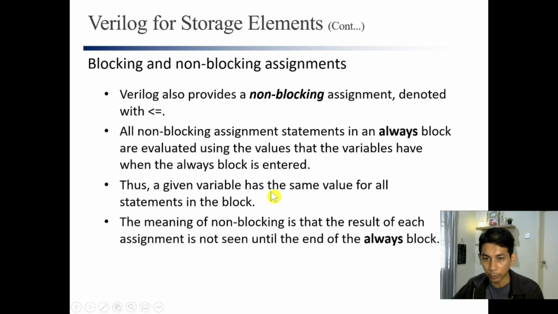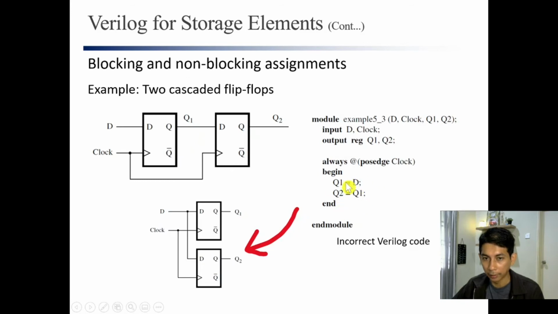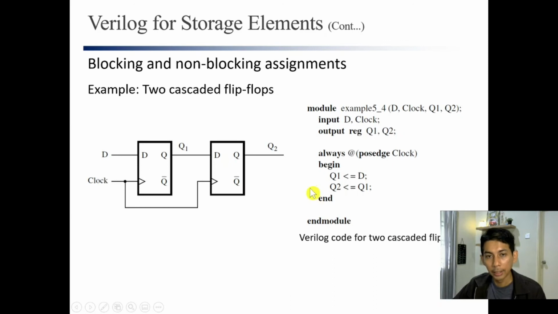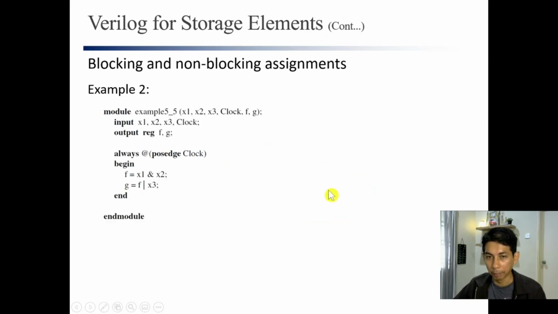Remember, when you want to design combinational logic, meaning you don't have a clock and you don't have flip-flops, then you use blocking assignment, just like what we did in chapters 1, 2, 3. But later on, when you want to design sequential circuits, flip-flops, use non-blocking assignment. That is the rule of thumb.